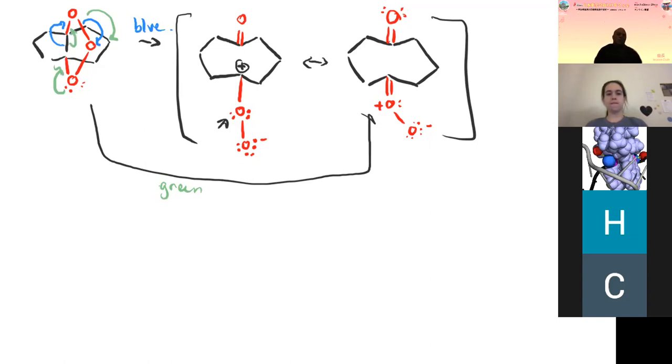Okay, so then the question is what happens? And I guess it would help if we had a model, but you can flip that carbon. Okay. So even though it's in the ring, it's almost like if it was a pencil, you're turning it that way, if that makes sense.